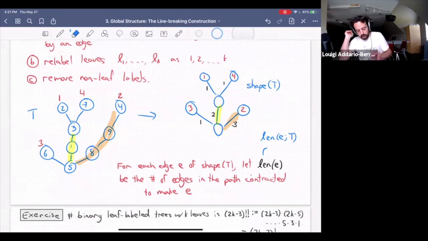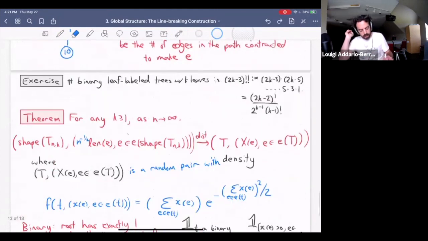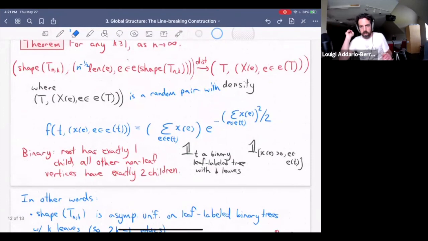In general, in the shape of the tree, the root does not have to have degree 1. It's just that in my definition of a binary tree, I'm insisting that the root have degree 1, precisely because that's all that shows up in the limit of these randomly sampled large finite trees, and it's nice to have a simple name for them.